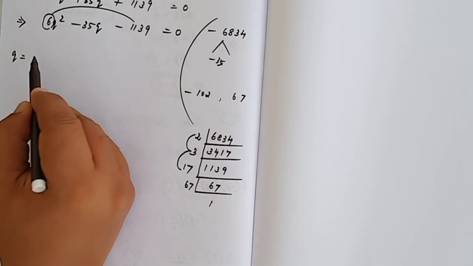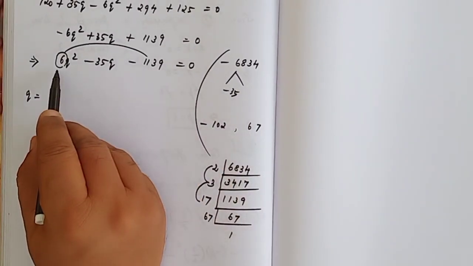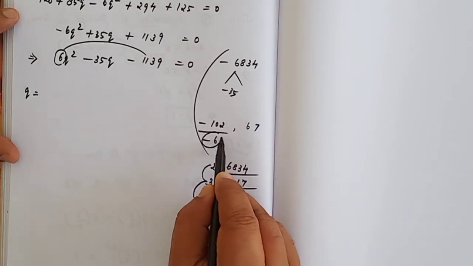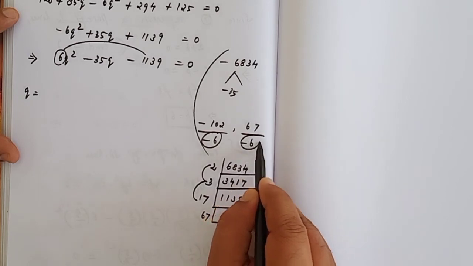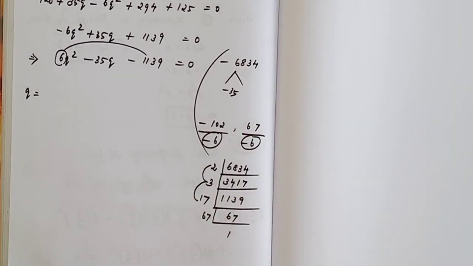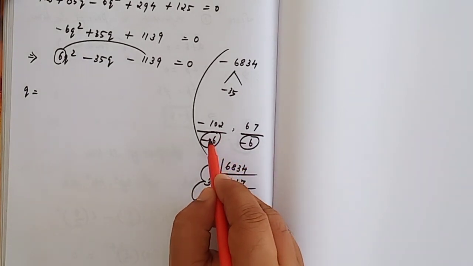For that, consider the coefficient of q squared. What is here? 6. Change the sign, write in the denominator minus 6. Here also minus 6. Here we can simplify. In which table can we cancel? Can cancel by the 2 table.